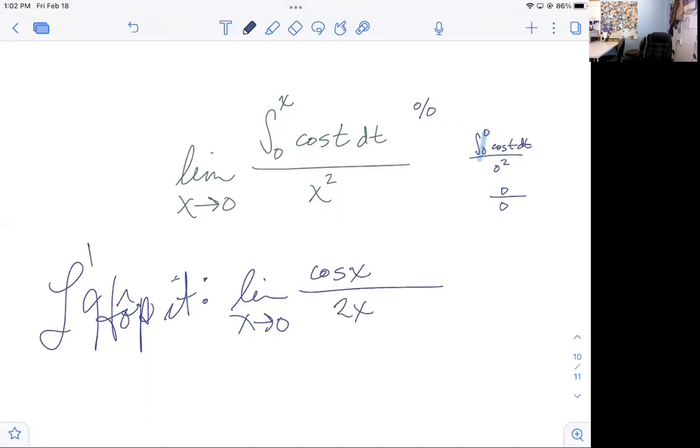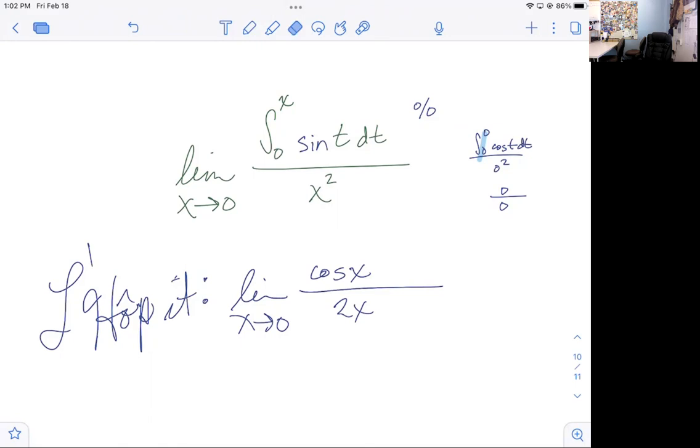Now I'll plug in and I get cosine of 0, which is 1, over 0, which is DNE. Darn it. This is not what I wanted. What if this were sine of t up here instead of cosine? That's what I intended.